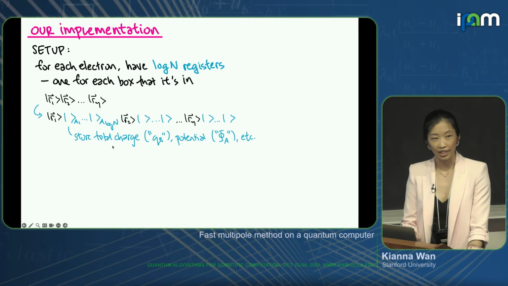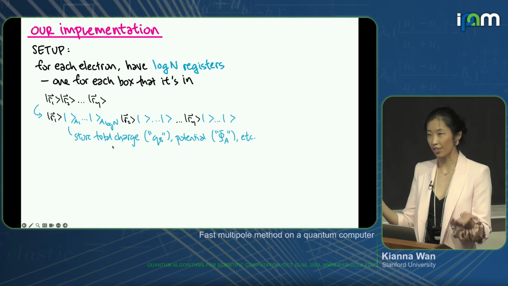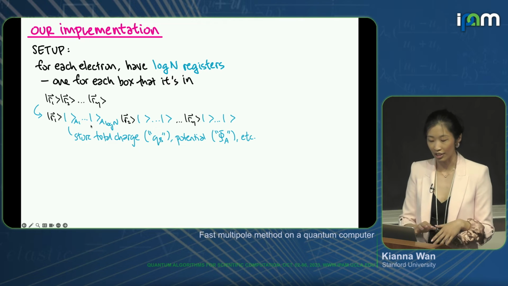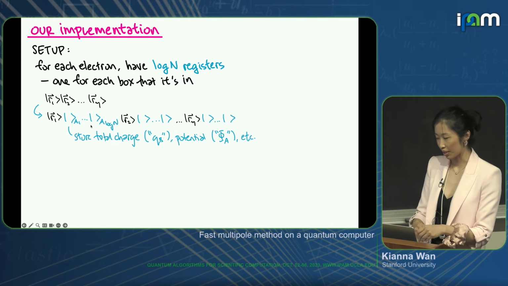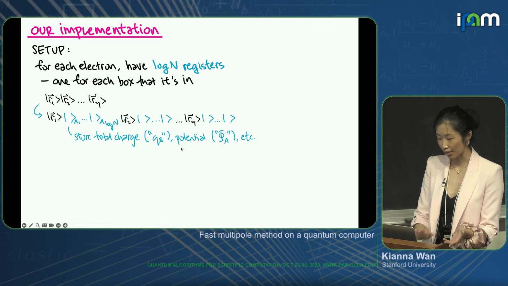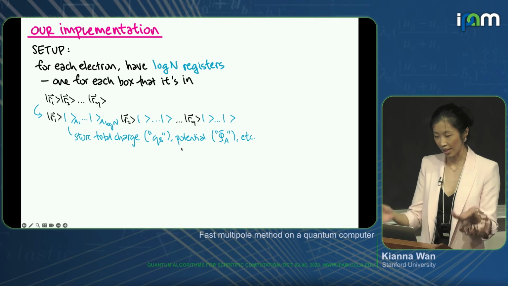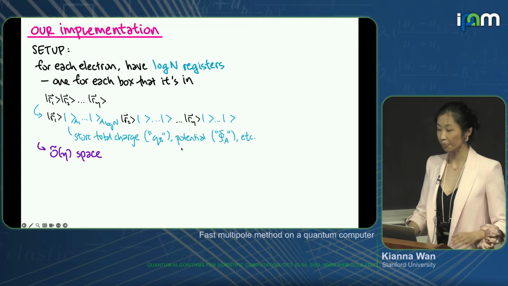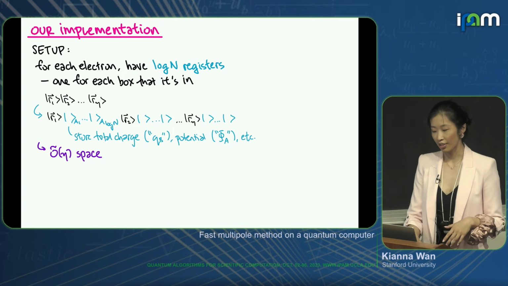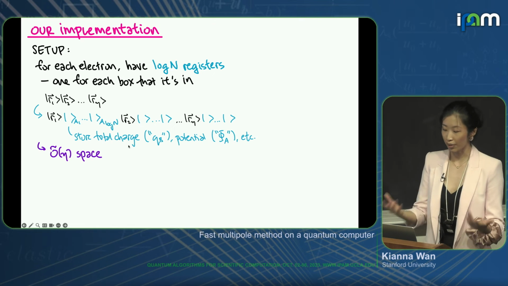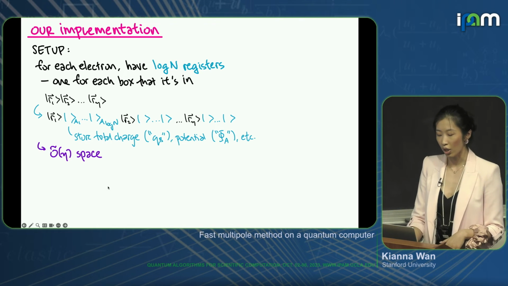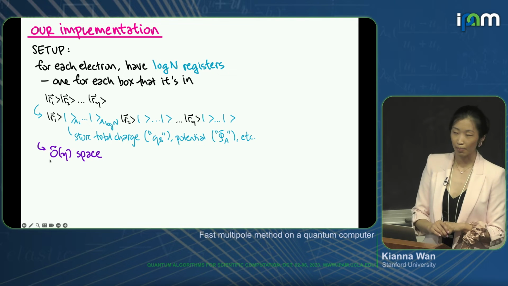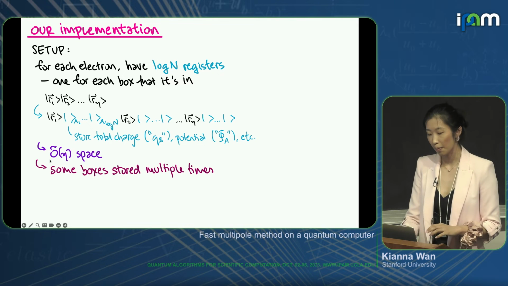And we're going to use these ancilla registers to store information that we'll compute about these boxes over the course of FMM, such as the total charge, the potential contributions, and any intermediate computations. And each of these registers will consist of a logarithmic number of qubits. So overall, we'll have order eta space complexity up to log factors.